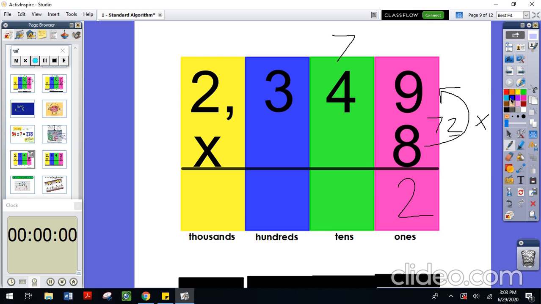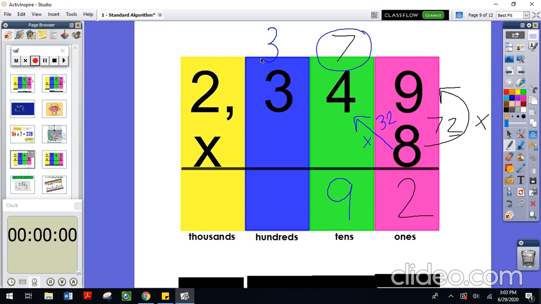Then we're going to do the tens place. 8 times 4 is 32 plus the 7 that's at the top. So 32 plus 7 gives us 39. The 9 would go at the bottom.